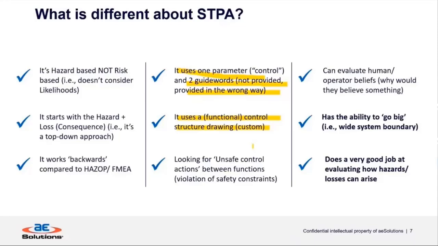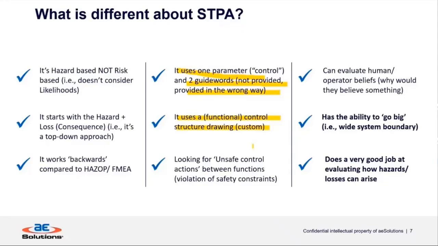Primarily the P&ID is our founding go-to document for HAZOP and PHA, and STPA uses what's called a control drawing. You can call it a functional control drawing, a structural control drawing. I'll have some examples of what they may look like, and there's plenty of examples out there. But that's a significant difference from PHA, how we're used to it.